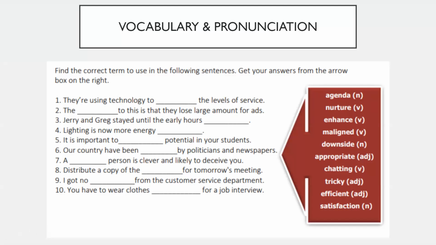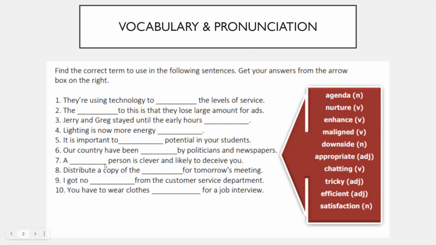Our country have been blank by politicians and newspapers. Have been. Nurture, no. Chatting, tricky, efficient, satisfaction. Maligned, yes. Have been maligned. So it should be a verb, present perfect. A blank person is clever and likely to deceive you.